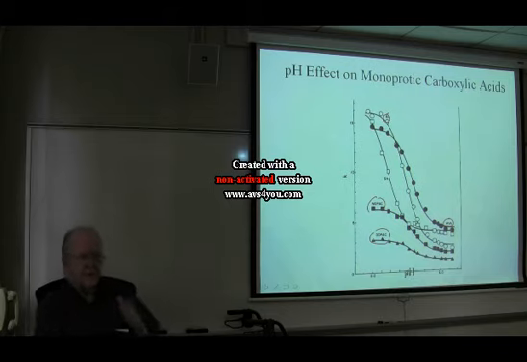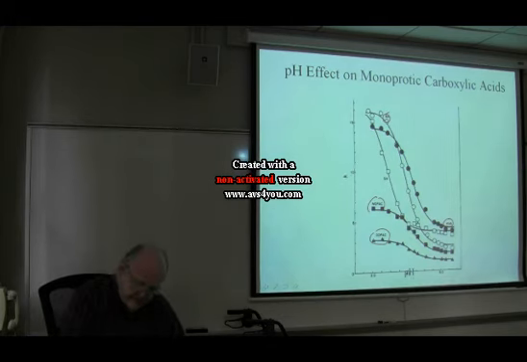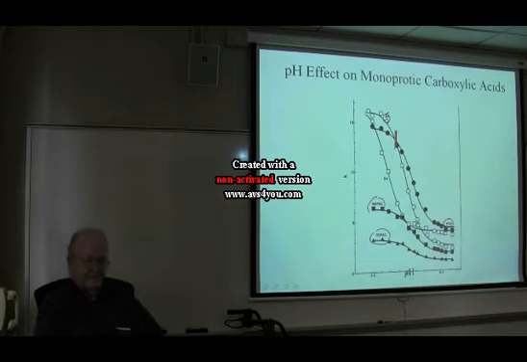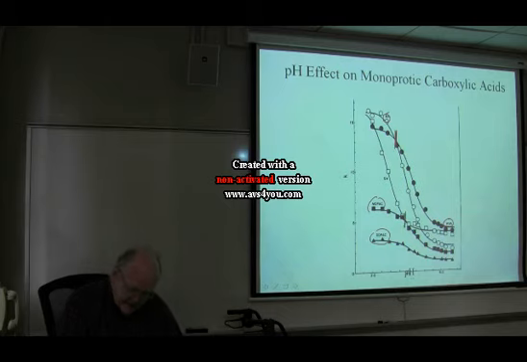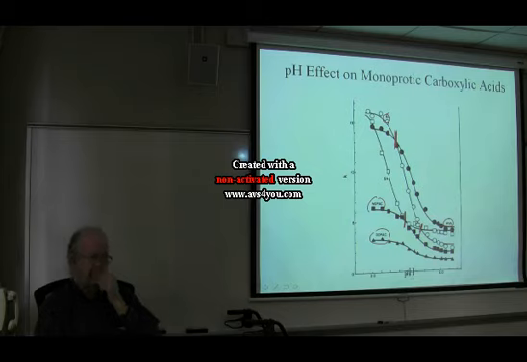You see a lot of crossovers in retention here as pH has changed. So for instance, at this pH right here, the separation of those two compounds is impossible. At this pH, those two compounds are impossible. There's another pair that's impossible as the pHs change between 2 and 4.